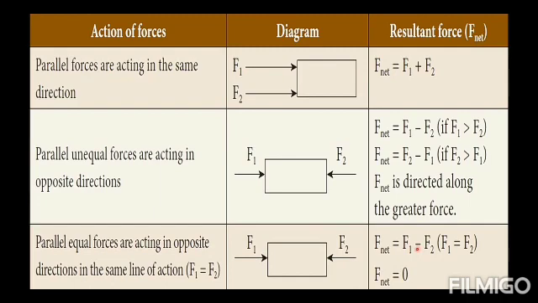See, look at this tabular column and learn how to change the formula. Whichever side the greater force is on, you have to write it first. Okay, students. So, F resultant equals F1 minus F2. Same direction means you have to add, opposite direction means you have to subtract.